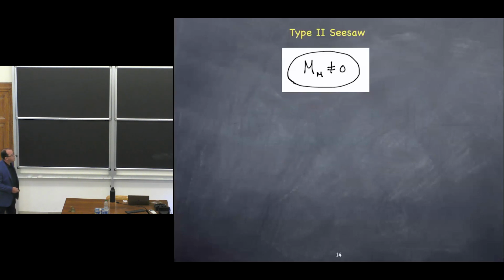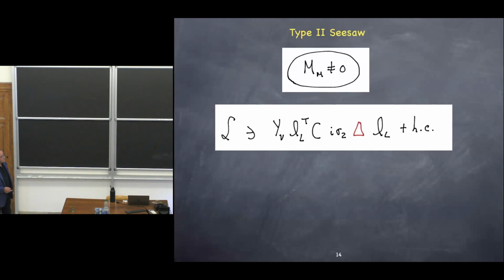The answer is actually yes. It's what we call type II seesaw. This is a delta field that transforms under SU(2) in the adjoint representation.